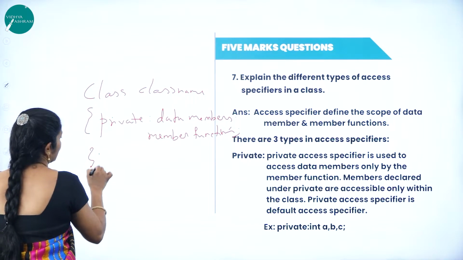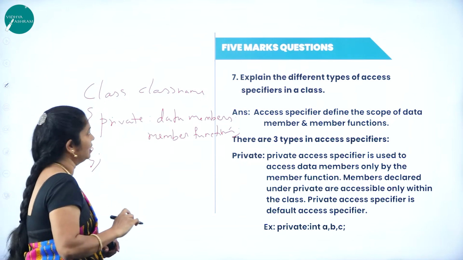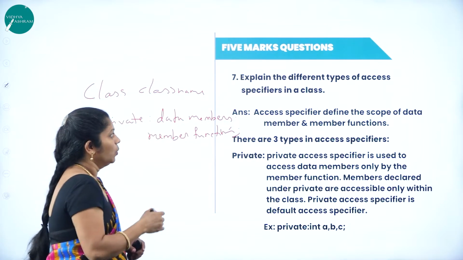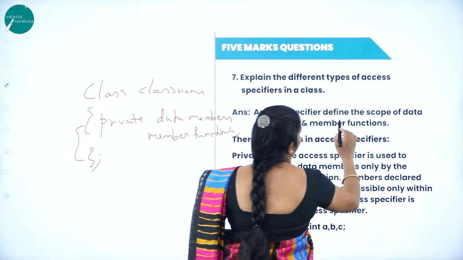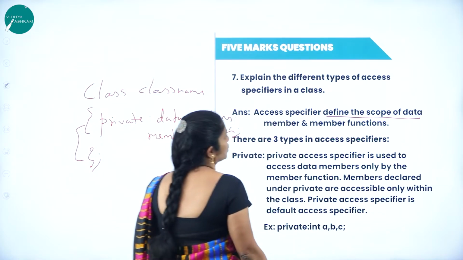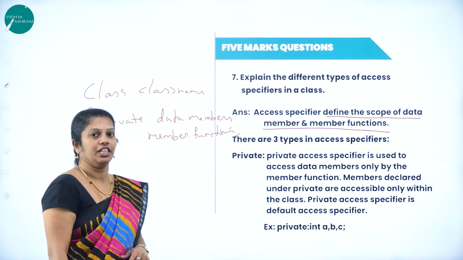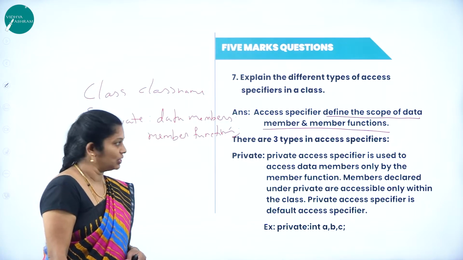Then here we have to close the class. It means that here the access specifier, in this case, we have given as private, whereas an access specifier defines the scope of data members and member functions. It mainly gives the scope of the data as well as functions.